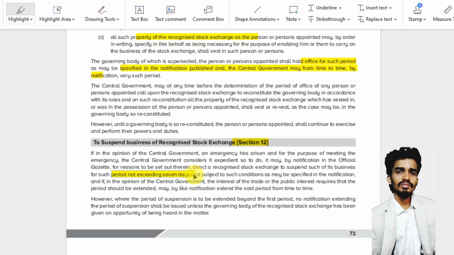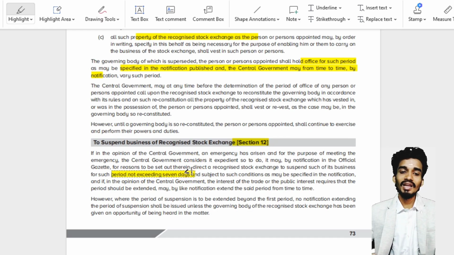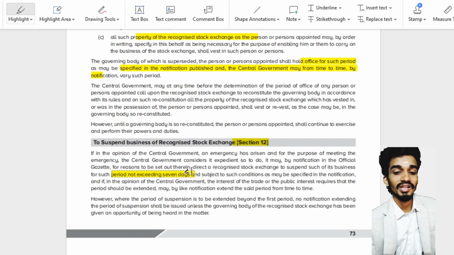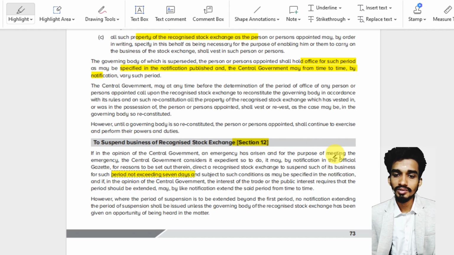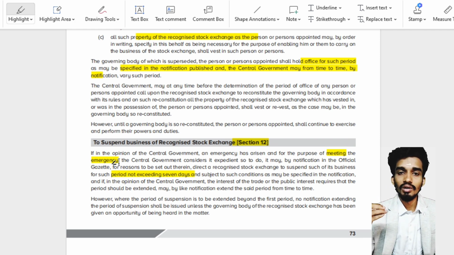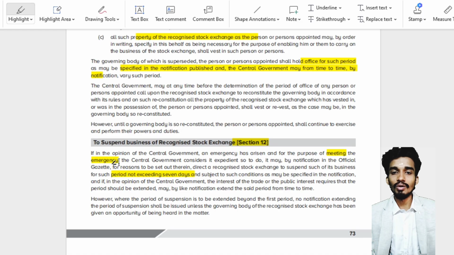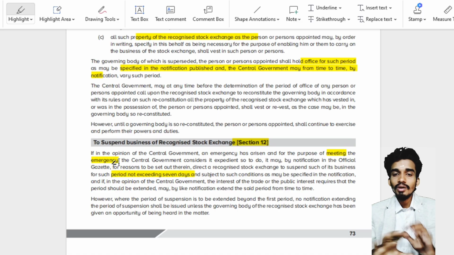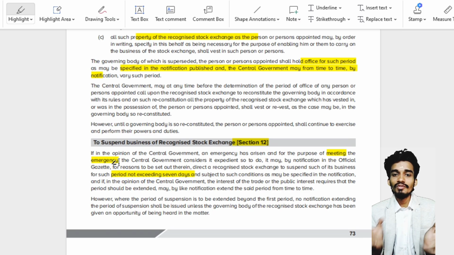Yeah. So generally, the central government can suspend any stock exchange for a period of not exceeding 7 days for the purpose of meeting an emergency. For example, if the corona spread, we would have to suspend every stock exchange, either a particular stock exchange or the stock exchanges generally.